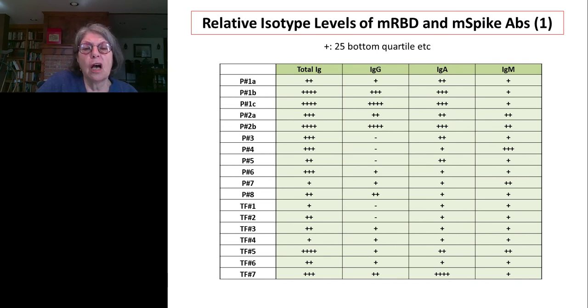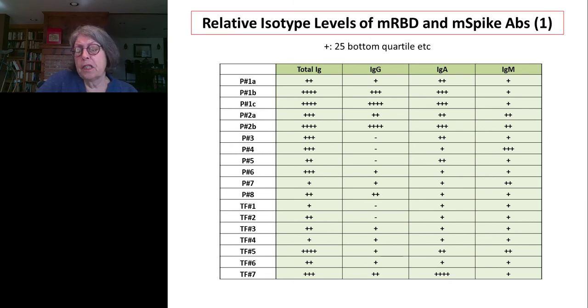The patients at the top here, 1A, 1B, 1C, 2A, and 2B, who we talked about before, were acutely ill, severely ill, and they are the ones that have the highest antibody titers and levels, and that is already established in the literature.